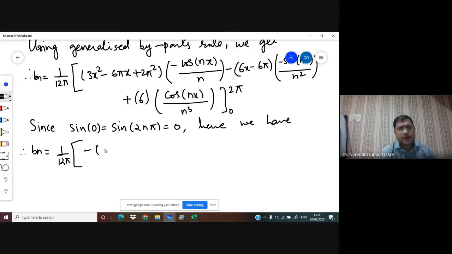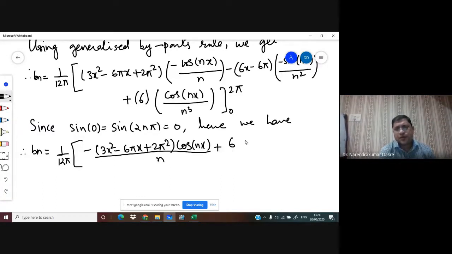I can say this is minus (x square minus 6πx plus 2π square) cos of nx on n plus 2 cos of nx on n cube, from 0 to 2π.